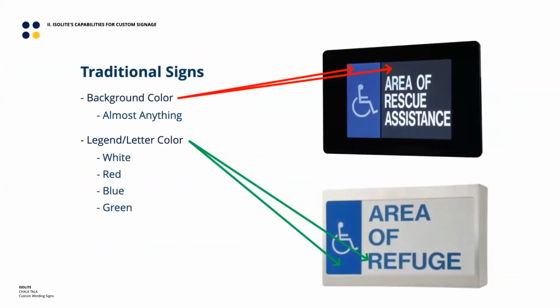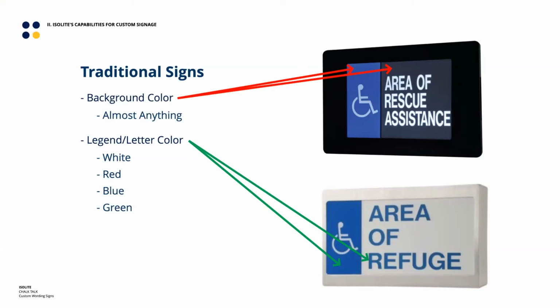We have a little bit more flexibility on more traditional signs, and that comes across mostly in the background color. It can be almost anything, and it includes multiple colors. So you can see on the upper right and really on the lower right here, both of these signs have mixed background colors. The top one has a dark blue and light blue background. The bottom one really just has a blue background in a large area that will be lit up.